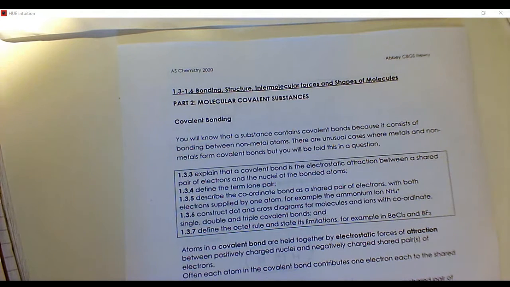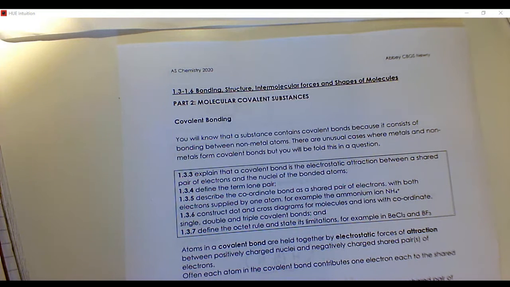I know I set you a task on Seneca Learning to go over, the idea was really to get an overview of the type of study we'll do in molecular covalent bonding and molecular covalent substances. This is probably the largest unit. This covers, you can see, 4 different topics.